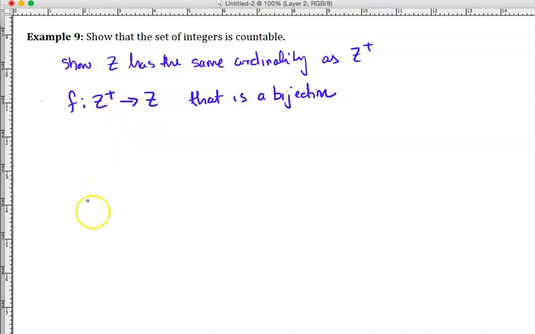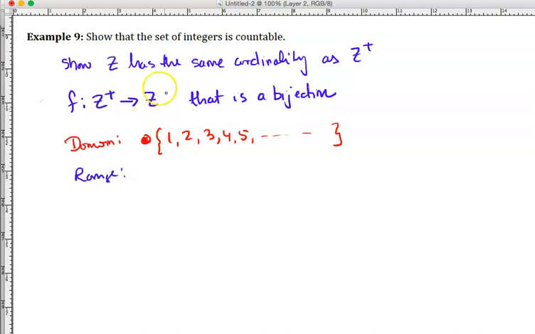Okay, right, so let's see if we can do that. Let's list a few things. My domain is the set of positive integers, so my domain for this function is 0, 1, 2, 3, 4, 5, and so on. And I want my range, the outputs, to be the set of all integers: positive, negatives, and 0.